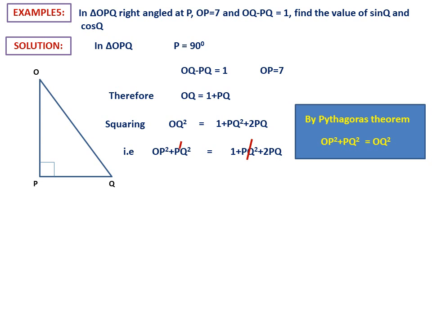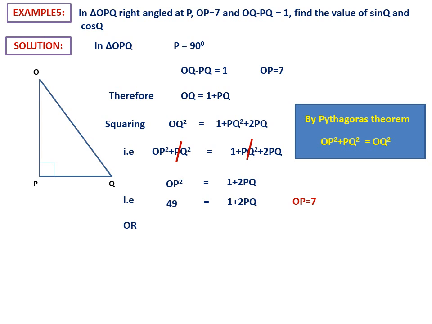Now here PQ square cancels. So you get OP square equal to 1 plus 2 into PQ. So this is the first thing. But now what is OP square? OP is 7. Therefore 49 equals 1 plus 2PQ, because on the left hand side we can write 7 square, which is 49.